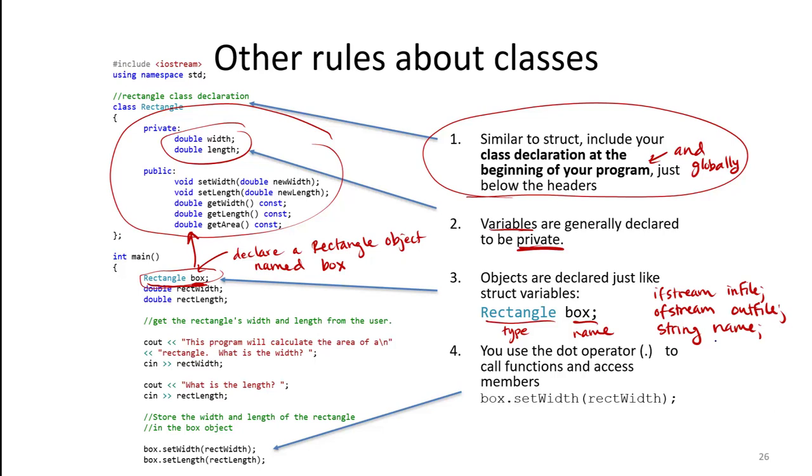Next one is this rule number 4. If we want to use any variables or functions, we need to use the dot operator. But be careful because remember, private variables can only be accessed by member functions of the class. Notice here, for box, if we want to update the width in box, we have to use box.setWidth.